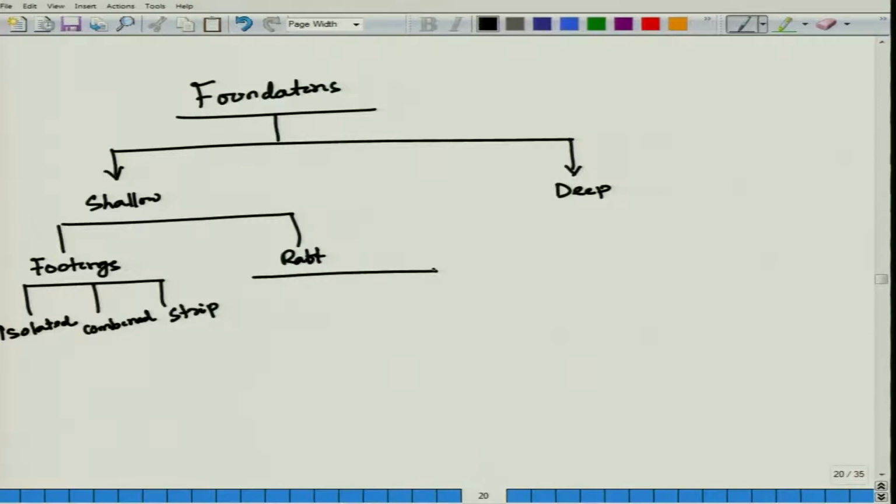Then raft, I put in two categories. One is your conventional raft, then buoyancy raft.